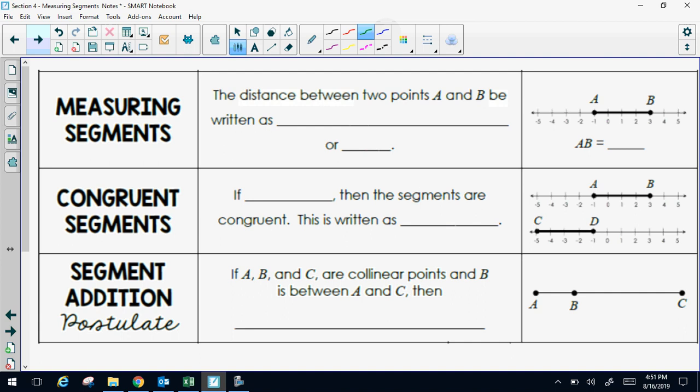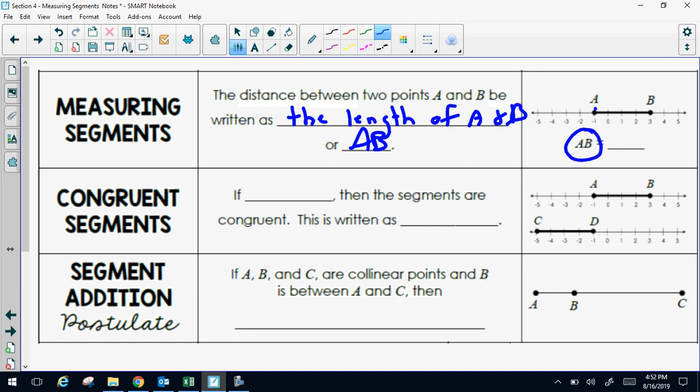So when we measure line segments, the measurement of those segments is the distance between 2 points, A and B in this case. We can write it as the length of AB, or we can just write it as AB. Notice that when you don't see any symbols above the two letters, that means they want a number. They want a length.